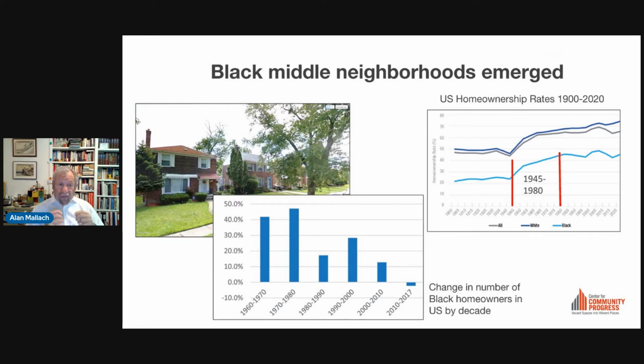And that was very much a function of middle class and working class Blacks with stable incomes moving into neighborhoods like the one in the picture here and basically stabilizing them after the white families had left. And these became what are known as the Black middle neighborhoods. And they're still an important part of America's cities to this day.